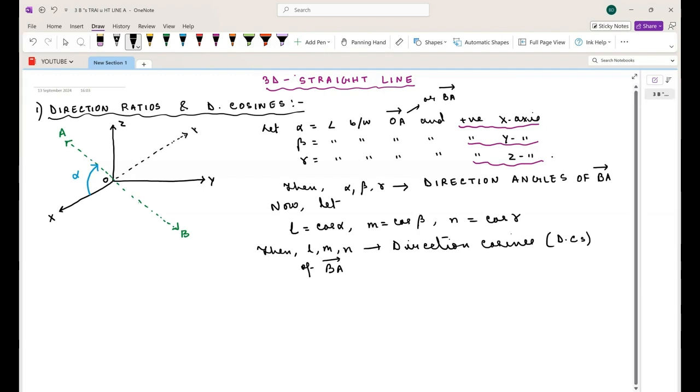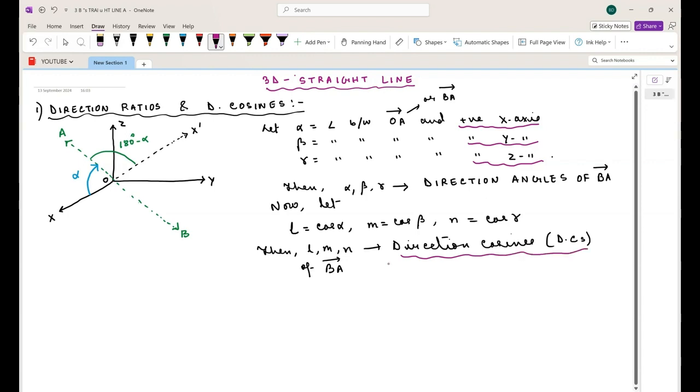So this is x dash. So then this angle will be 180 minus alpha, right? This will be 180 minus alpha. So what happens is, here we have found actually the direction cosines of BA, L, M, N. They are direction cosines of BA here.